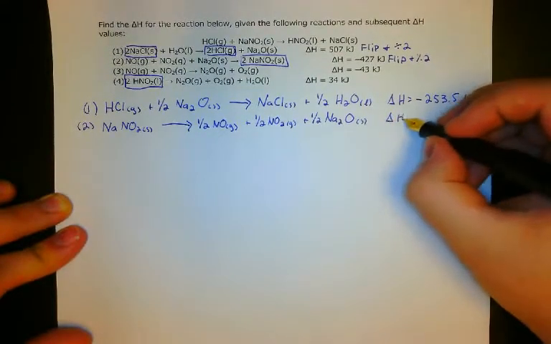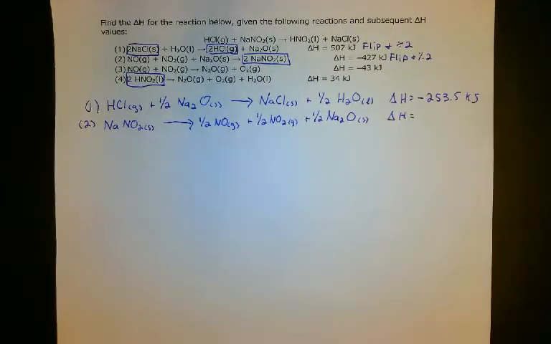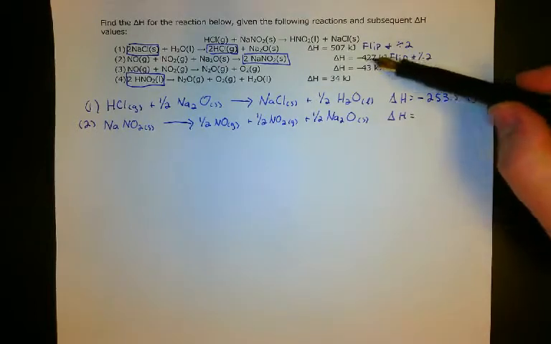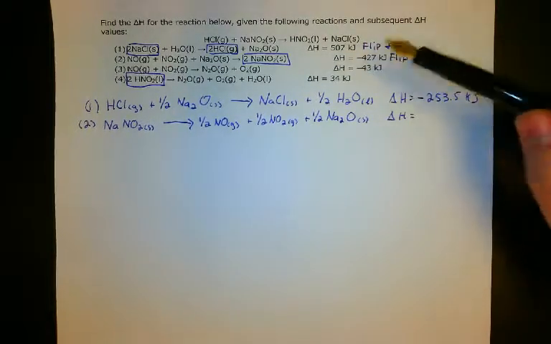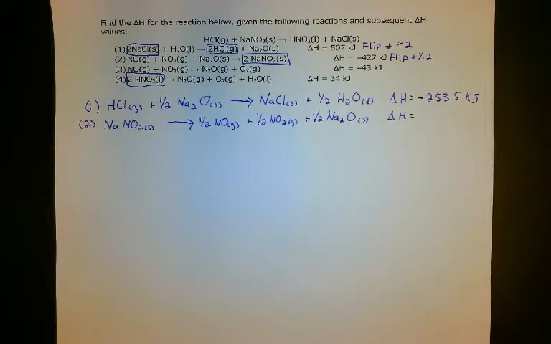Now, we flipped it, so its initial enthalpy sign was negative. It needs to become what? Positive, because we flipped it. So 427 also needs to be cut in half, because we cut in half our entire reaction. So our new enthalpy change is a positive 213.5.